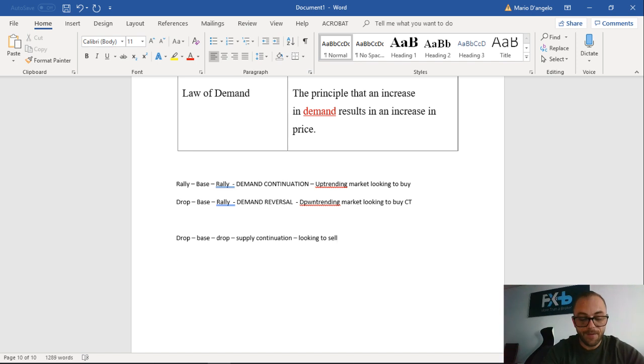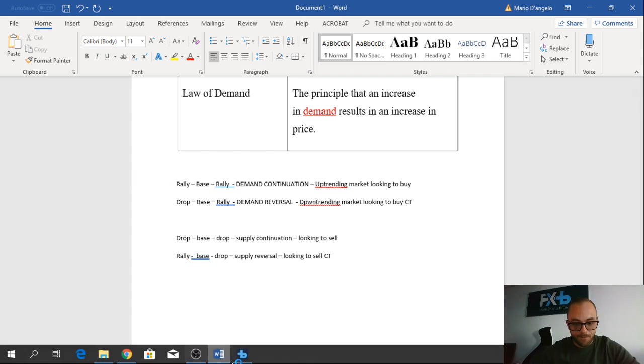And a rally, base, drop, where we are in a supply reversal, looking to sell, counter trend.